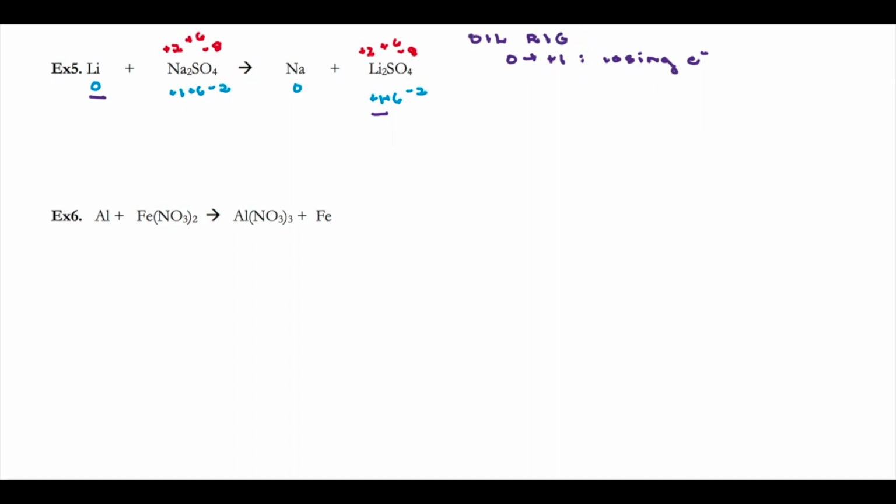It's a nice little acronym. You might also hear LEO the lion says GER. Losing electrons is oxidation, gaining electrons is reduction. Either way, this is how I learned it when I was in high school. Okay, so since lithium is losing electrons, it is going to be oxidized.